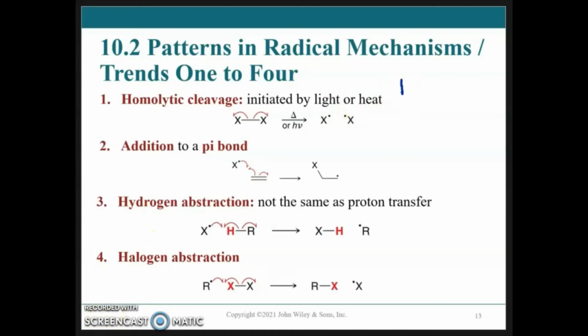An azo compound is going to have the general structure. And these are the subject of homolytic cleavage.